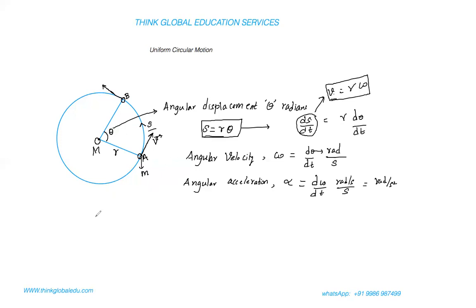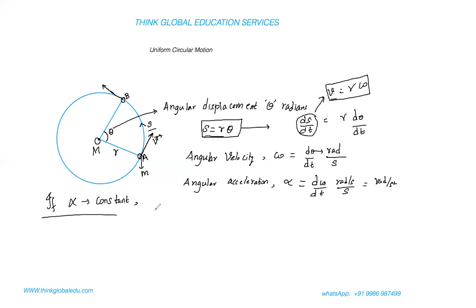So the next part would be, if the angular acceleration is constant, if alpha is constant, then we can rewrite the equations of motion. As you can see, we can write the equations of motion for circular motion using the equations of motion for linear motion.